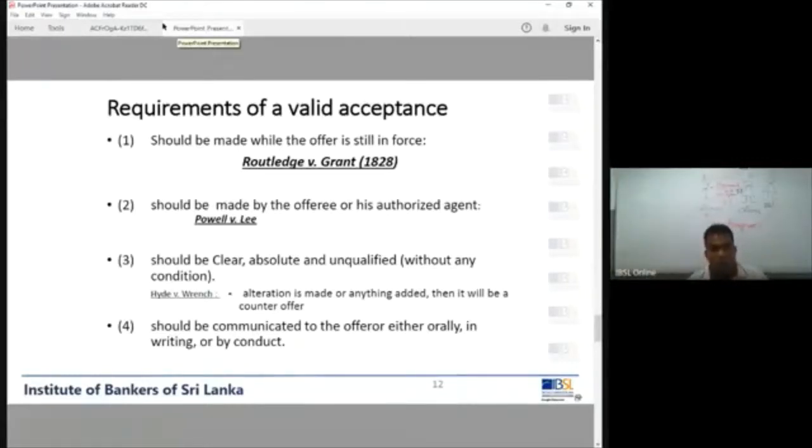Then the next point, the third one, is that acceptance should be clear, absolute, and unqualified. The acceptance has to be very clear. So you have to clearly say whether you are accepting or not. For example, you can't say, I like to accept.